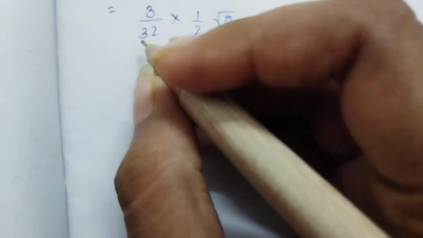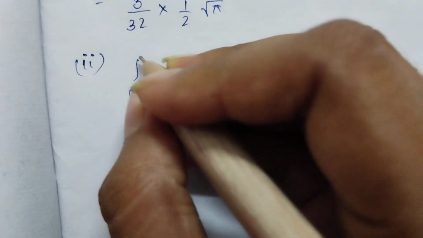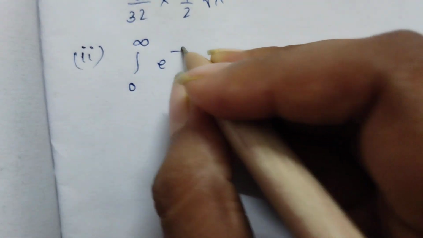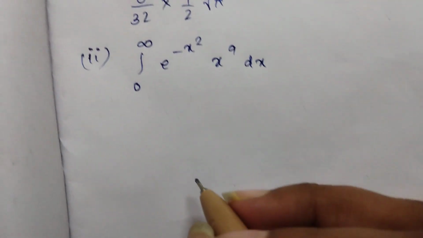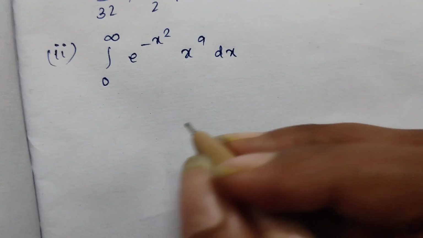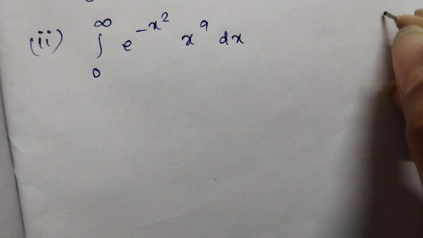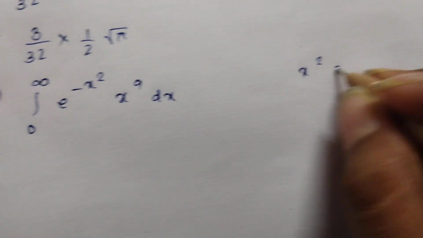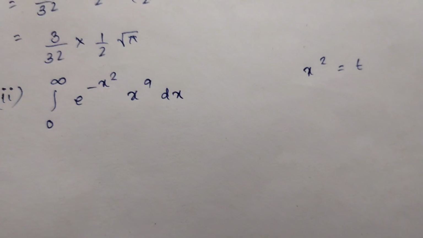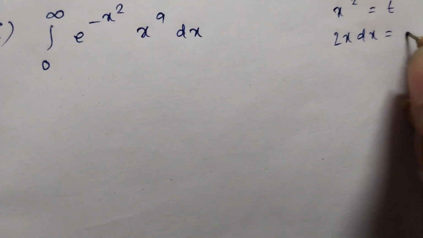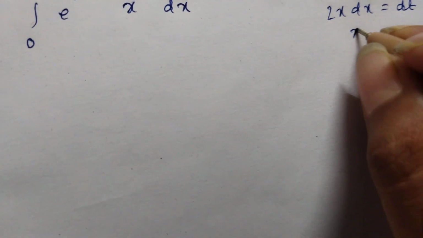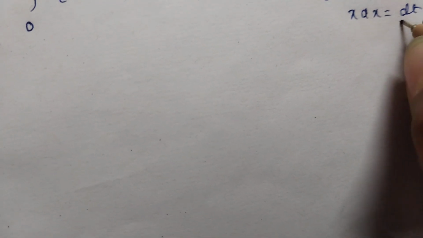Now over here, let us first write down this question. Now let us take x square equals t. If we take x square equals t, then we get 2x dx is equal to dt, and hence x dx is equal to dt by 2.